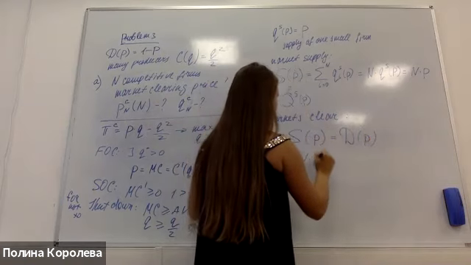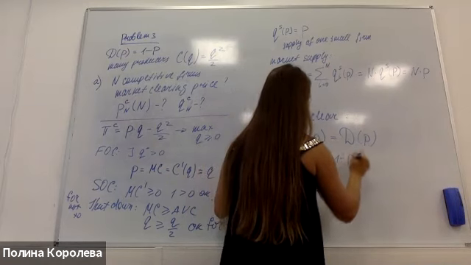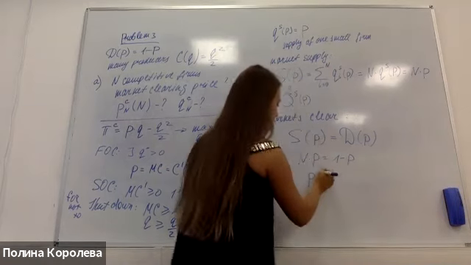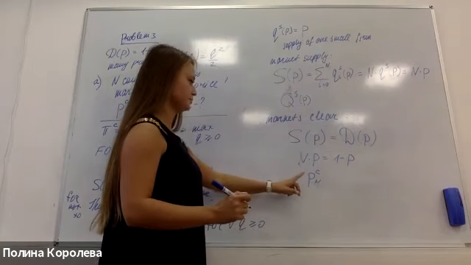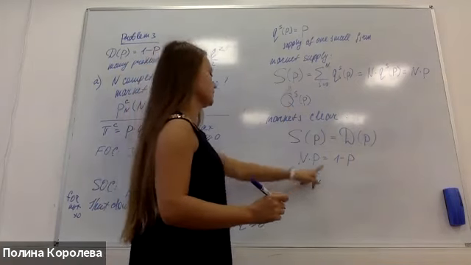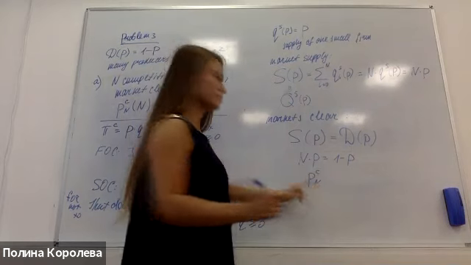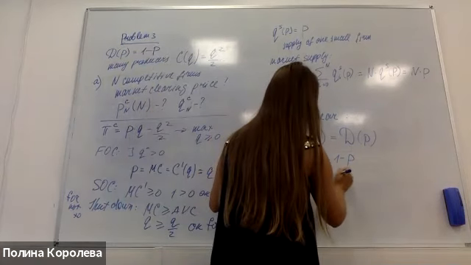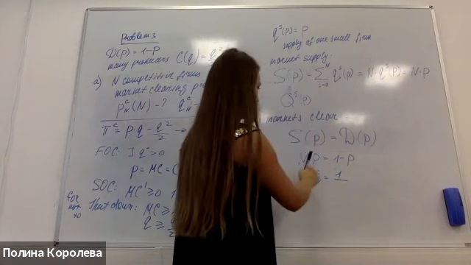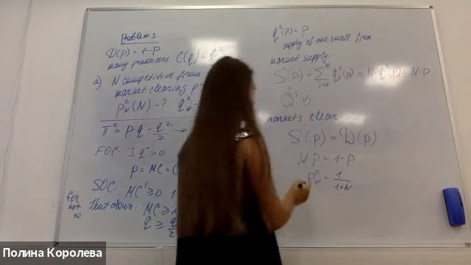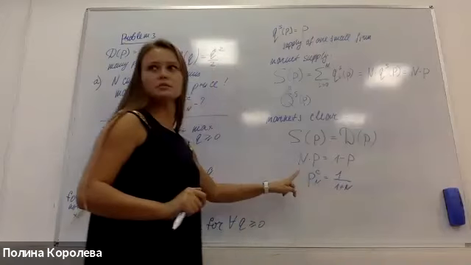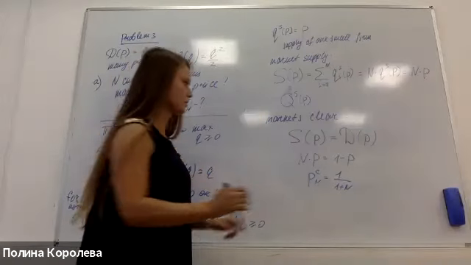This is n multiplied by P equal to 1 minus P. So the price that clears our market for n firms is equal to 1 divided by 1 plus n. Agree? This is our first answer.